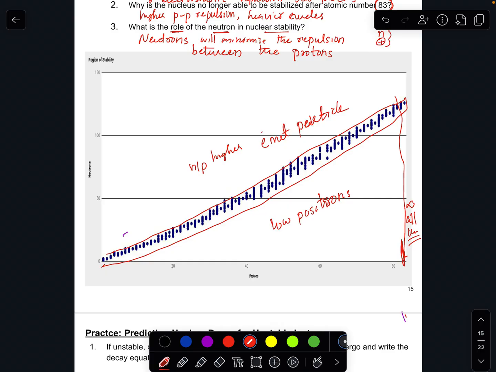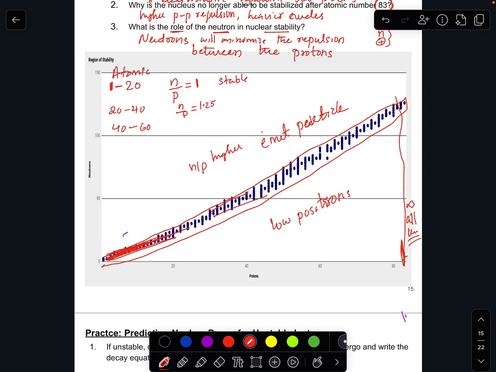So we can generally say, you don't need to memorize, it's a rough value and it is not accurate. If the atomic number is 1 to 20, the N by P ratio is 1, that is stable. That's what you can see here, till 20 it's a straight line. If it is 20 to 40, the stable N by P ratio is 1.25.